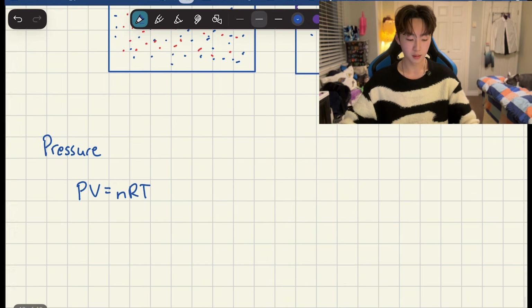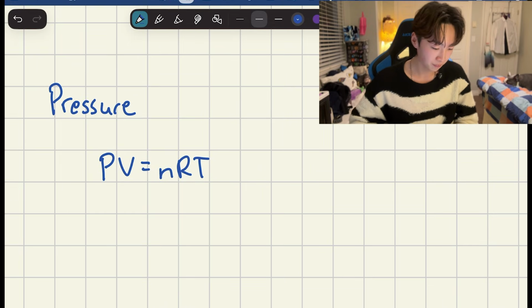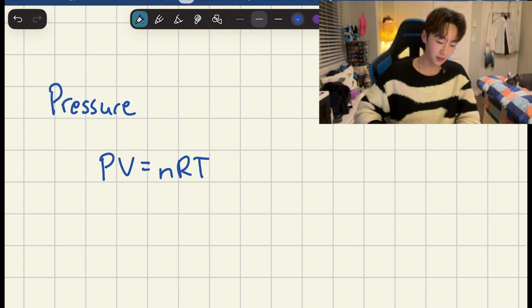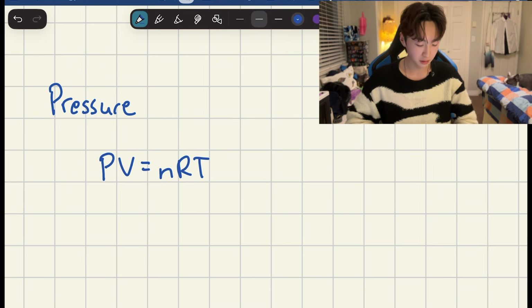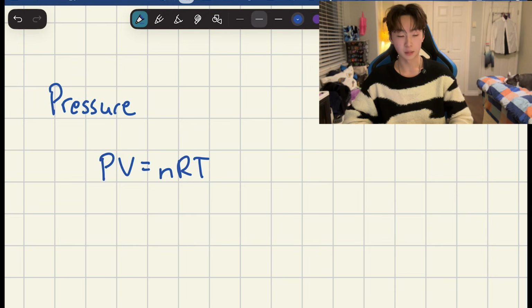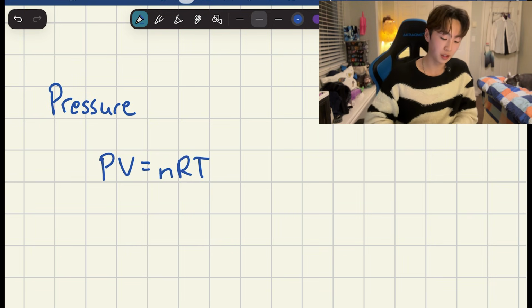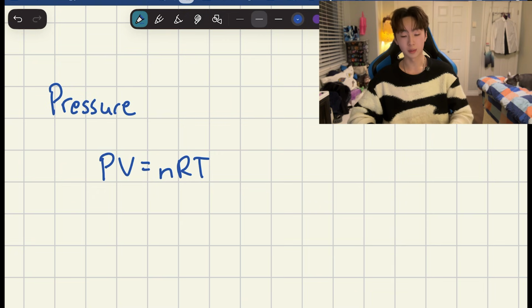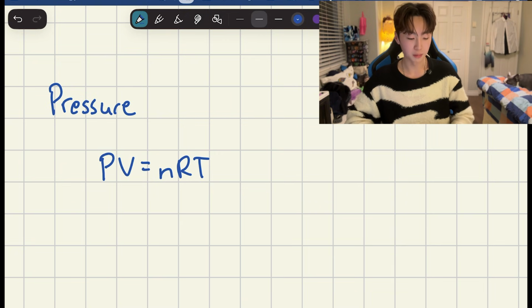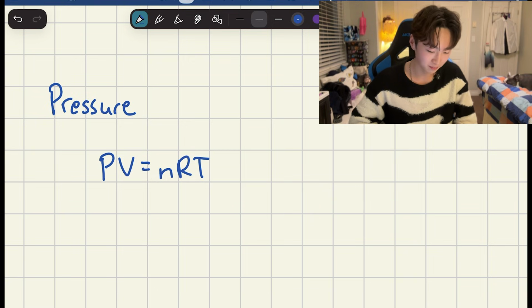Okay, next is pressure. So we're going to go back to the screen here. If you look at this formula, the ideal gas law, PV equals nRT, let's say we keep the number of moles and the temperature constant. Then we can see that pressure and volume are inversely proportional. So when pressure goes up, volume has to go down, and vice versa.